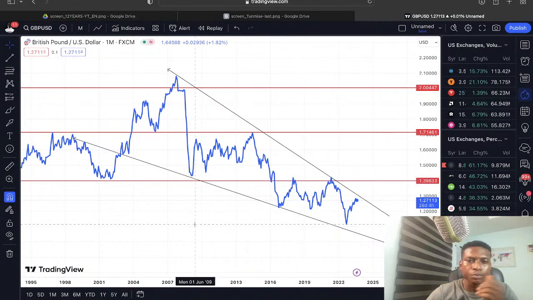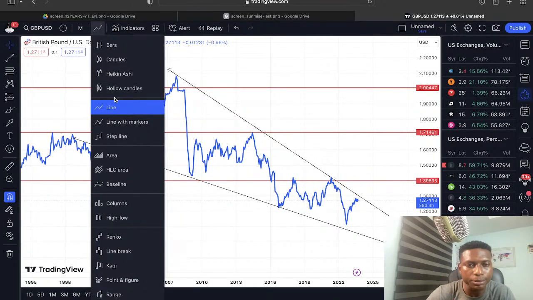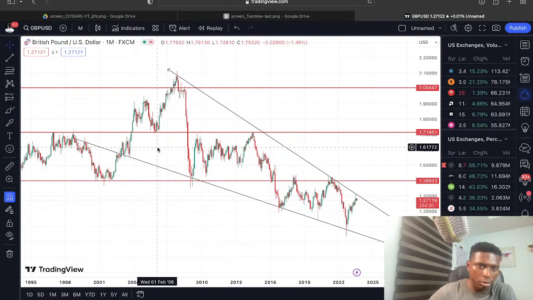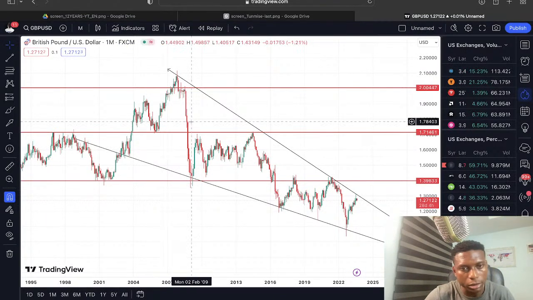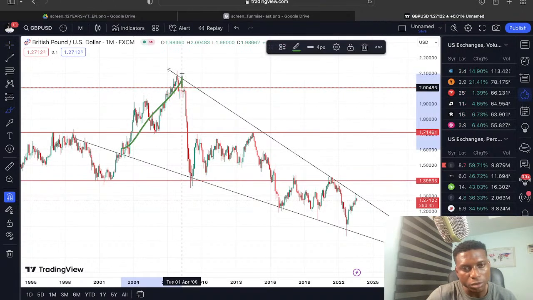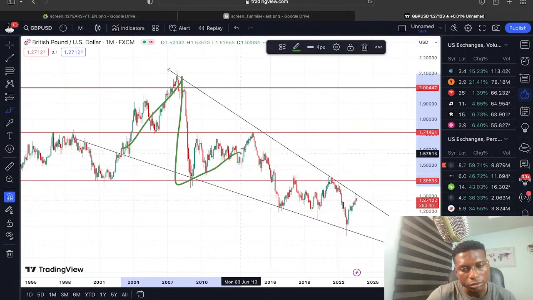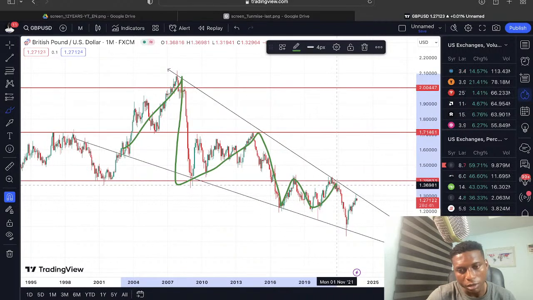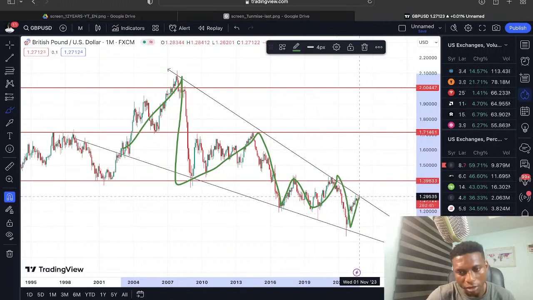We can see now that this is like the channel via which the market is going. And obviously if you look at the movement, you see price go up here, came down, went up here, came down, went up, came down, went up here, came down, went up here.